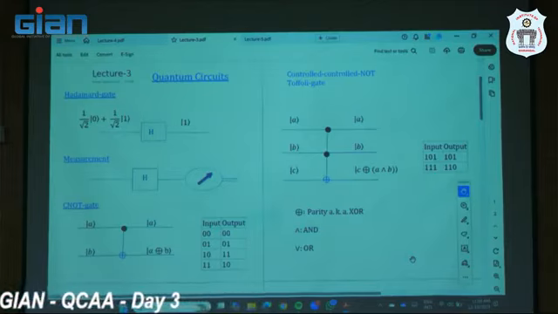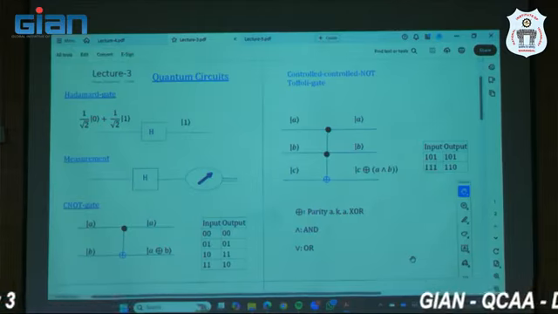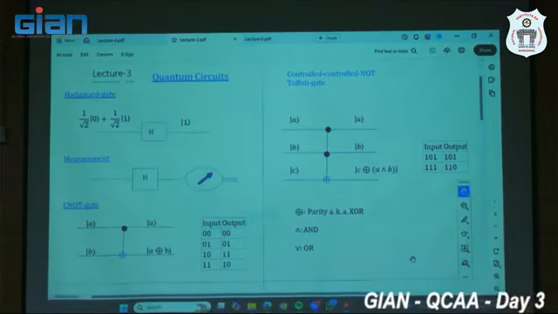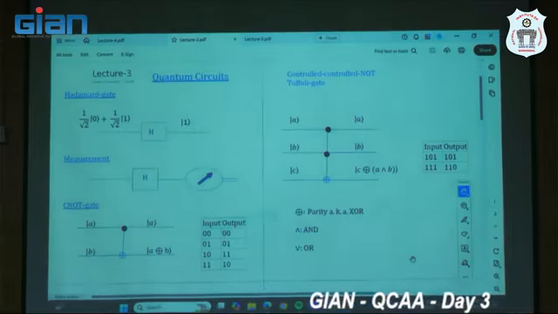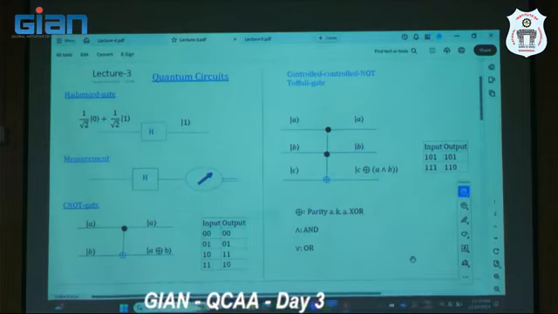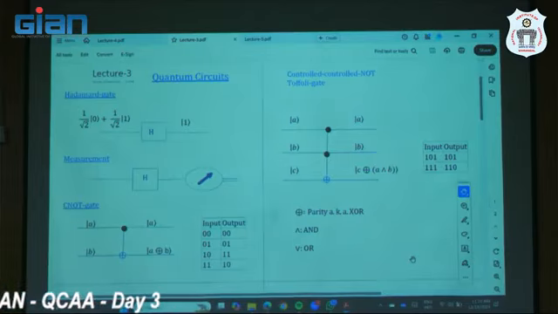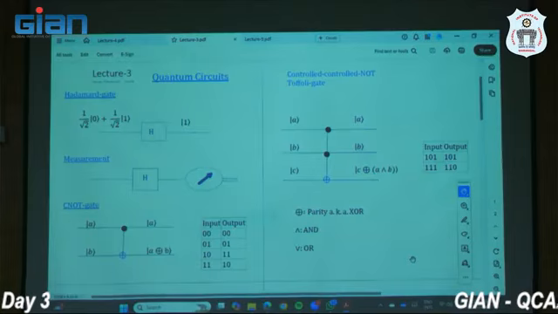So, by the way, whenever we specify the action of a gate, we will only specify it on computational basis states. Okay? And if I specify the action on computational basis states, it specifies the action on all the states, extending by linearity. We will see what it means, the concept of linearity.